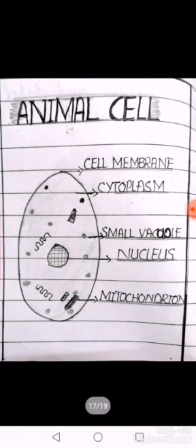Now we will discuss today's homework, which is a diagram. First, draw shading and label diagrams of an animal cell and a plant cell. Here are some points you should keep in mind. First of all, draw the border with a marker. Give a proper heading in capital letters with a marker, and the letters should touch both lines.